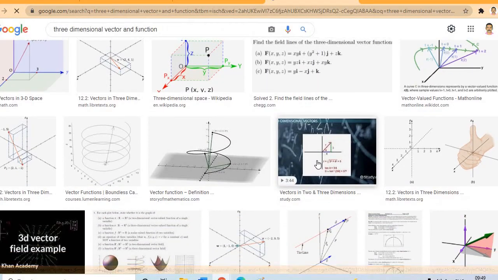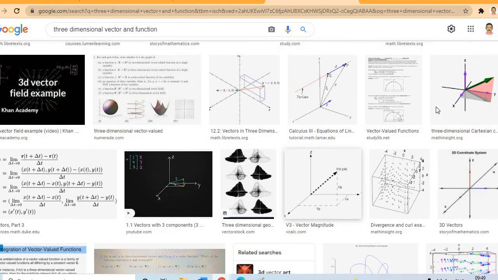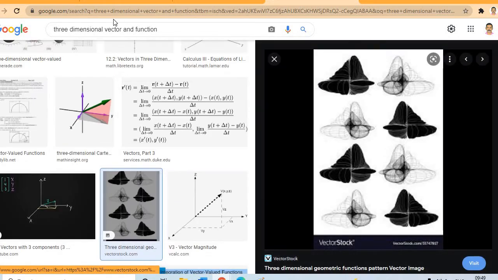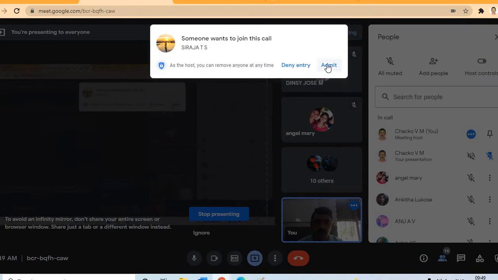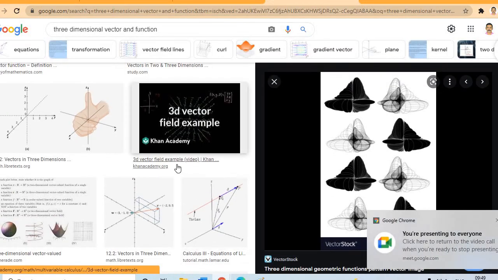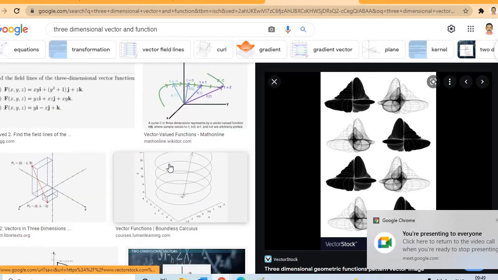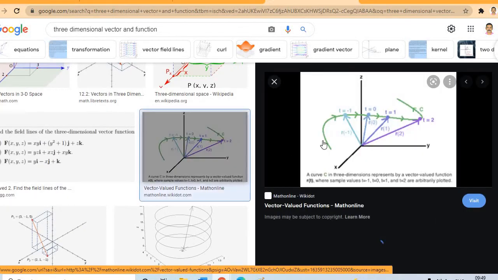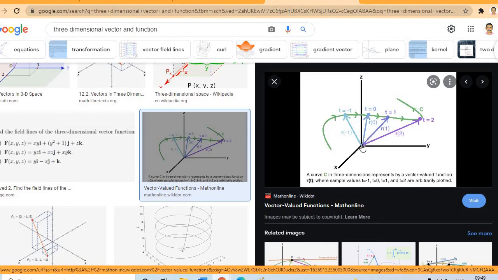You can see one figure like this. This is a function. This is a 3-dimensional space, and the line going is two-dimensional. At the same time, the domain is three-dimensional.